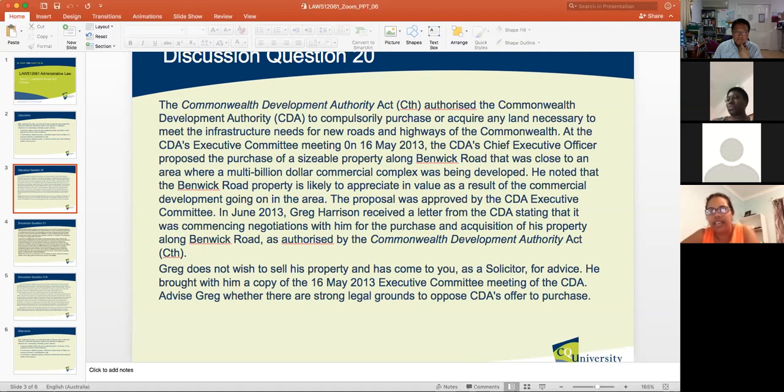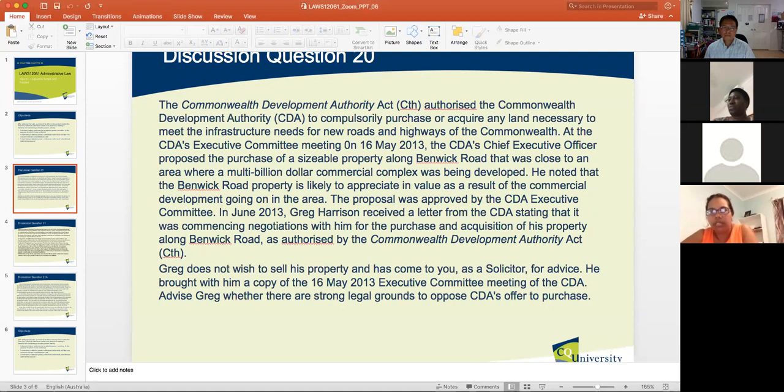At the CDA's Executive Committee meeting on 16th May 2013, the CDA's Chief Executive Officer proposed the purchase of a sizable property along Benwick Road that was close to an area where a multi-billion-dollar commercial complex was being developed. He noted that the Benwick Road property is likely to appreciate in value as a result of the commercial development going on in the area. The proposal was approved by the CDA Executive Committee.